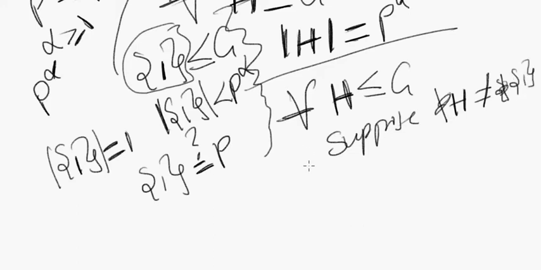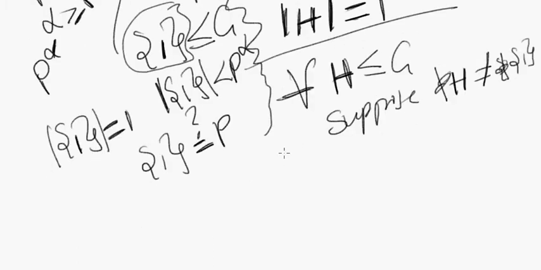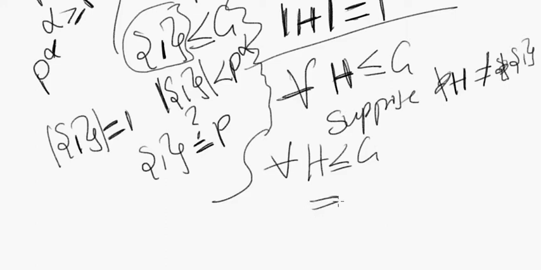Is saying that there is no subgroup of order p to the theta the same as saying that for all such H, H not equal to the identity implies the order of H equals p to the alpha?